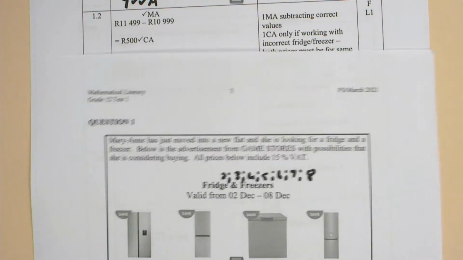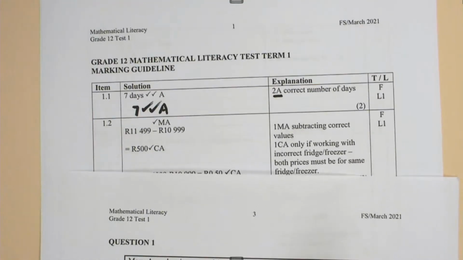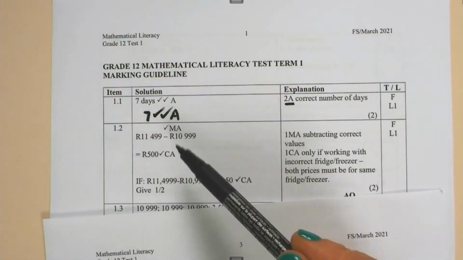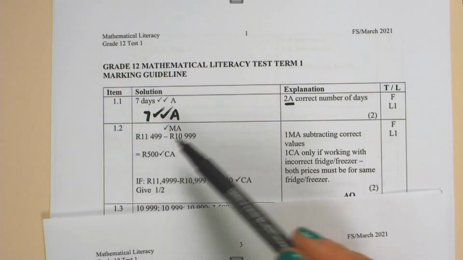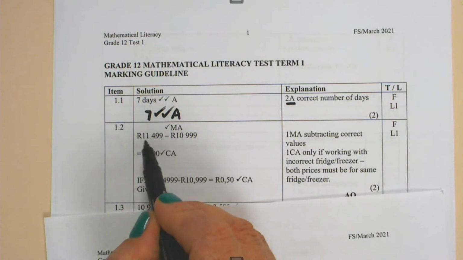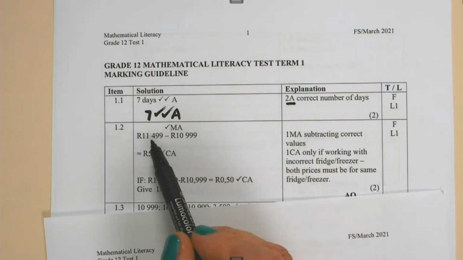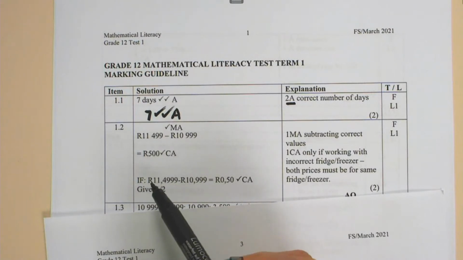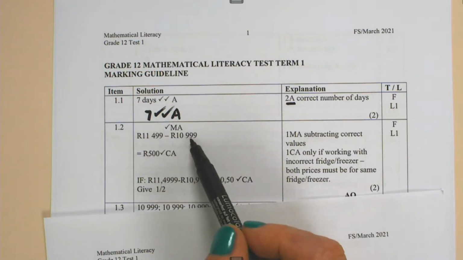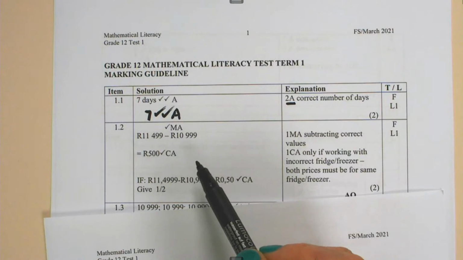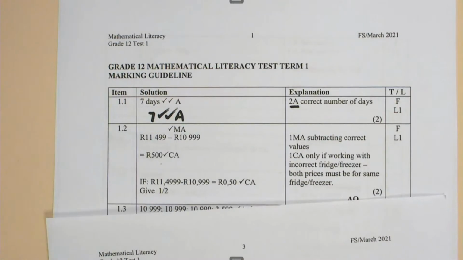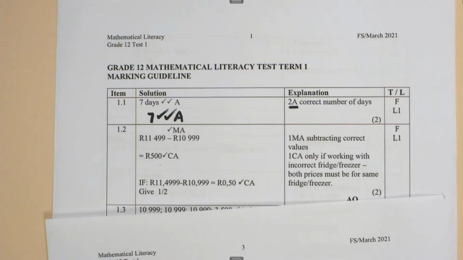Here in the memo, you will see how the prices are written like we are used to having prices written. You will see the comma is not there and the point is not there. So it's simply a matter of taking 11,499, subtracting the 10,999, and we get a CA mark of 500.